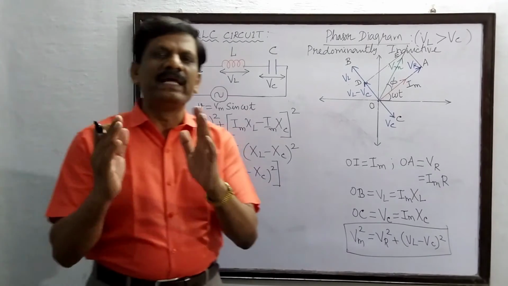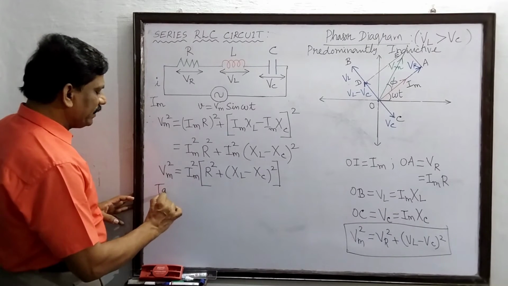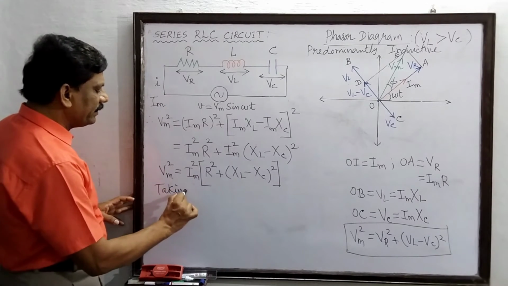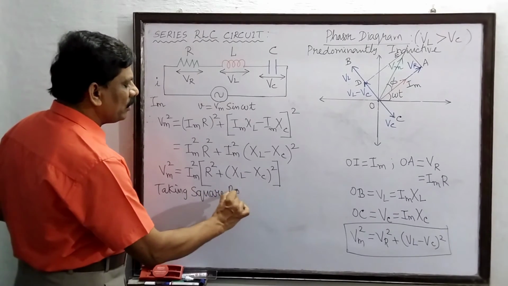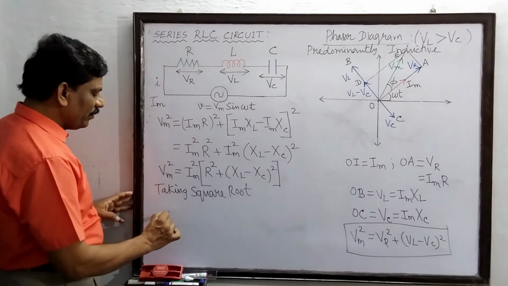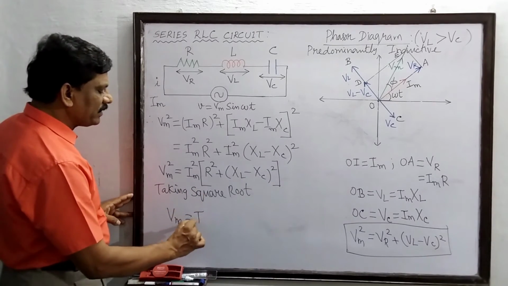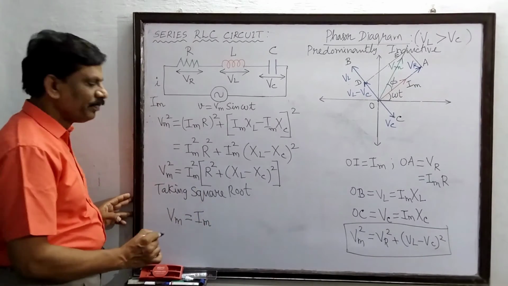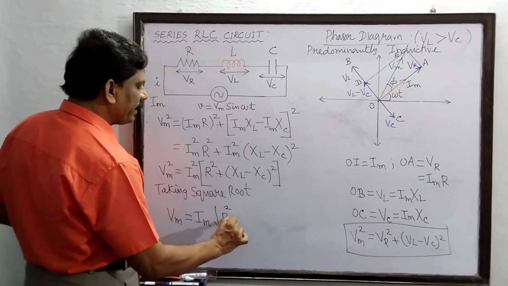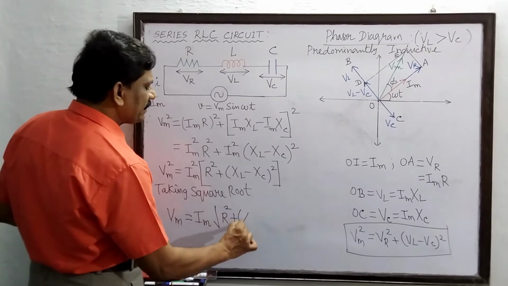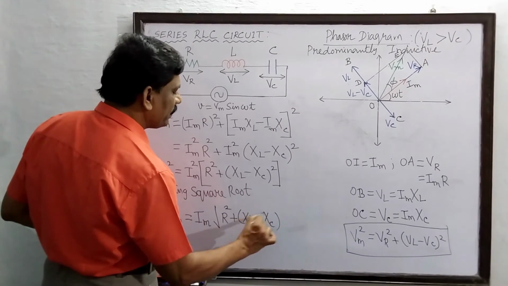If I take the square root on both sides, the left hand side will become Vm, and on the right hand side, Im square will become Im into the square root of R square plus (XL minus XC) the whole square.